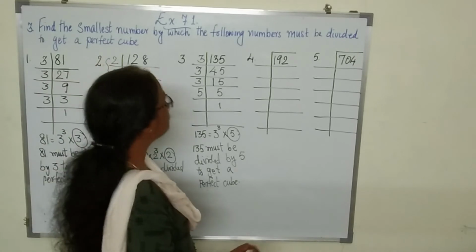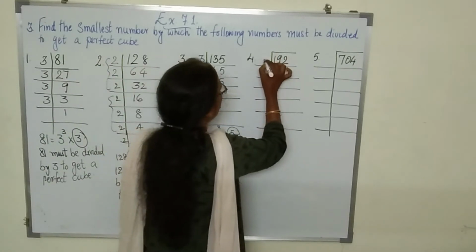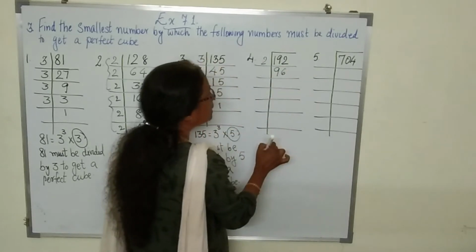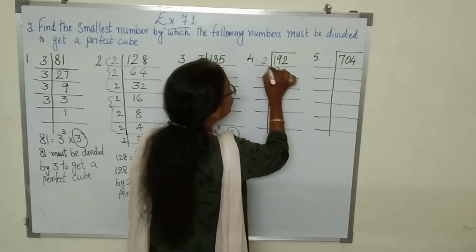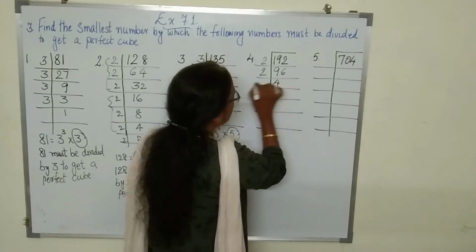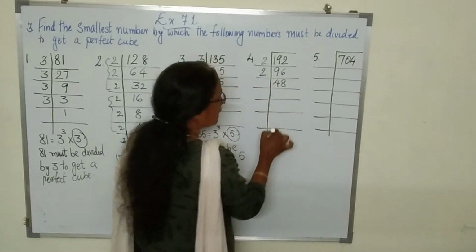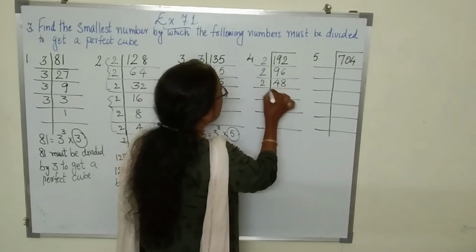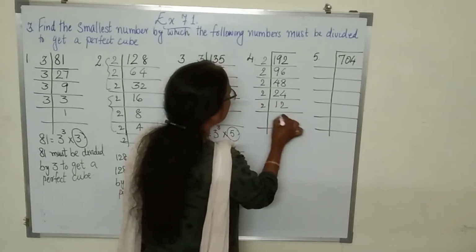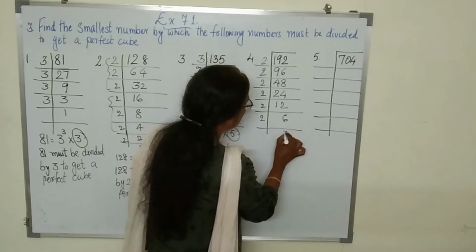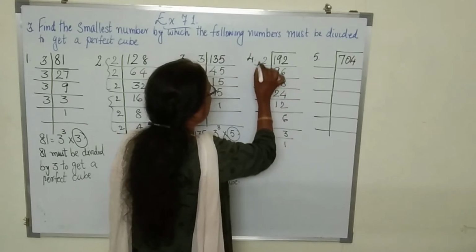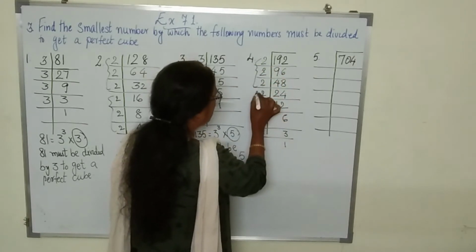Now the next number is 192. It is divisible by 2. So 96, 48, 24, 12, 6, 3, and by 3, 1. So you see 1, 2, 3, 1, 2, 3.